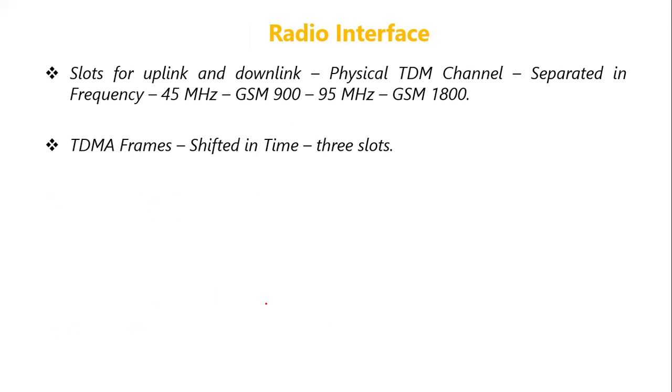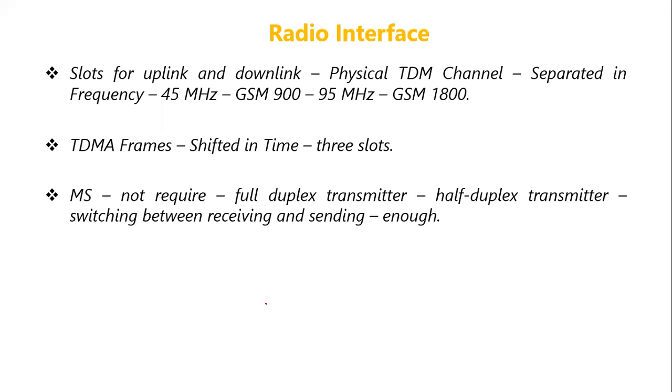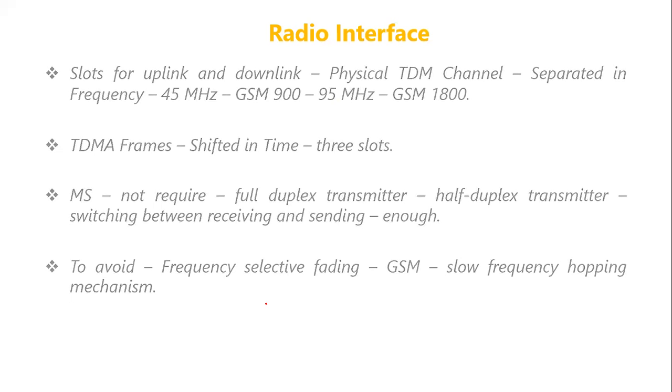On the other hand, TDMA frames are shifted in time by 3 slots. That is, if the BTS sends data at time 0 in slot 1 on the downlink, the mobile station accesses slot 1 on the uplink at time t plus 3 slots, 3.577 microseconds.